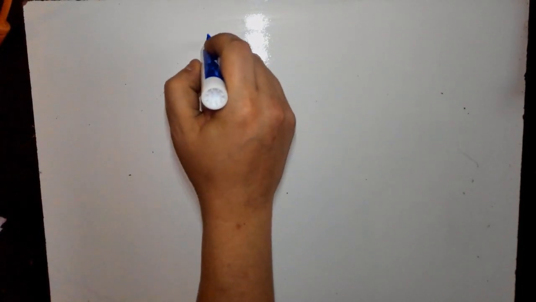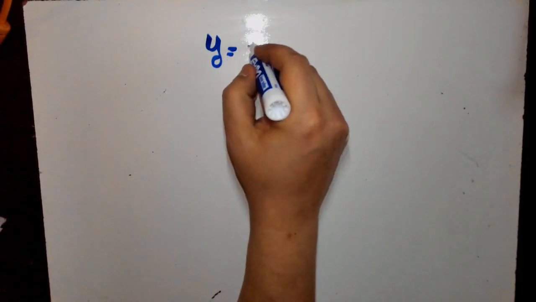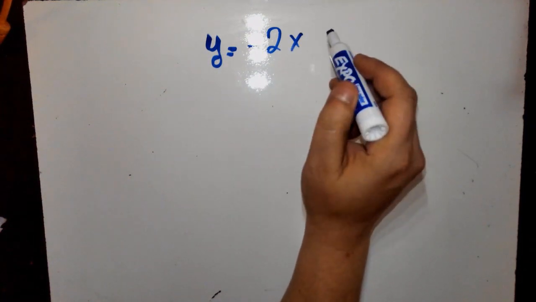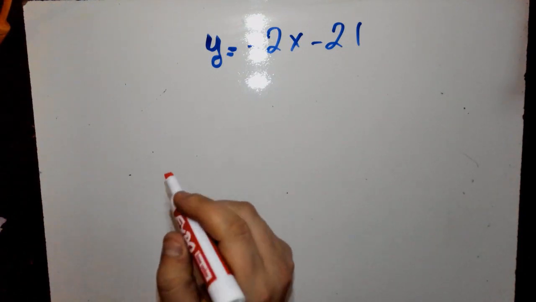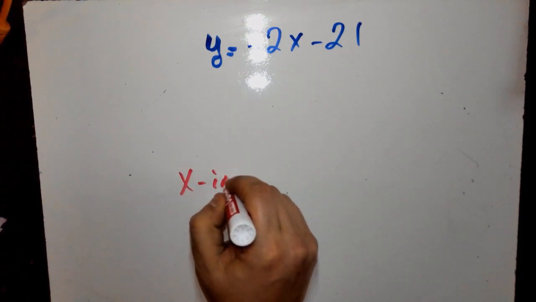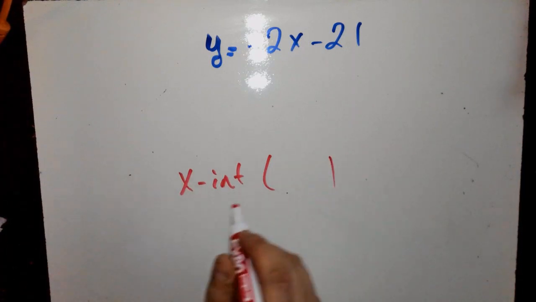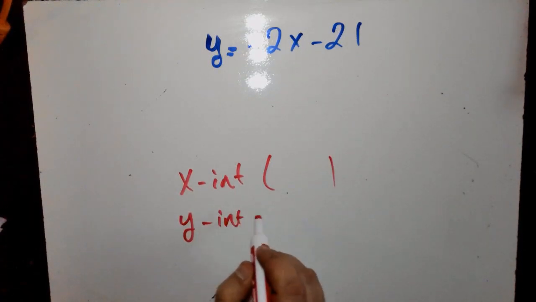Next, we have the intercepts from the equations. So let's write up an equation. Y equals negative 2x minus 21. It's going to ask me the x-intercept coordinates and the y-intercept coordinates.